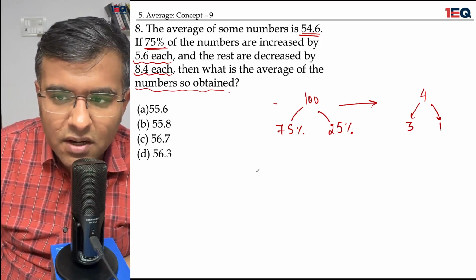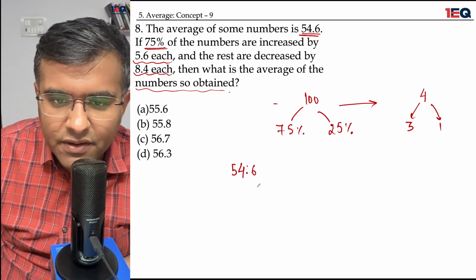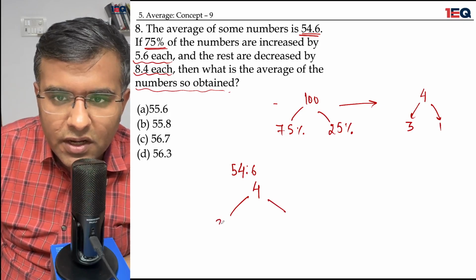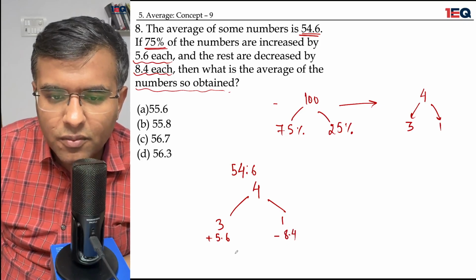54.6 was where I started, so I'll assume that 54.6 is the average of 4 terms. The 3 terms are increased by 5.6 each, and 1 term is decreased by 8.4.